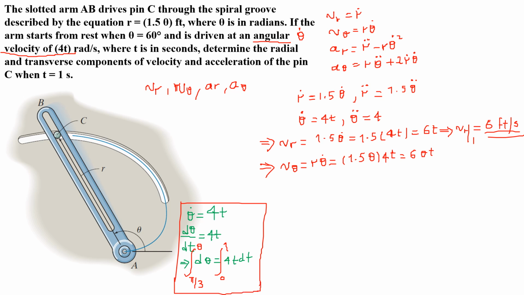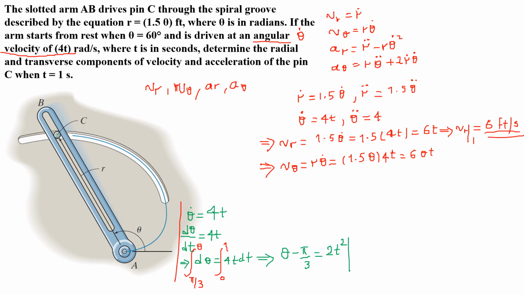So now if we do that, let me evaluate this integral. I'll have the d theta from pi over 3 to theta. I'll have theta minus pi over 3 equals, now doing this integral for t, this will be 4t square over 2, which is 2t square, right?